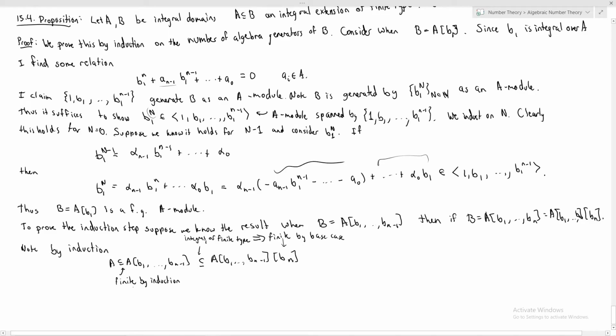Okay, so I've got a finite extension here and a finite extension here, and this is B. So by the transitivity of finite extensions, so this is something we proved probably in that same lecture, see lecture 11.